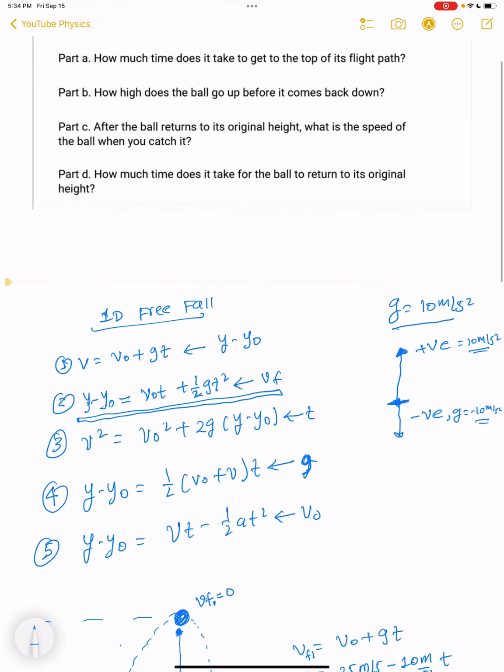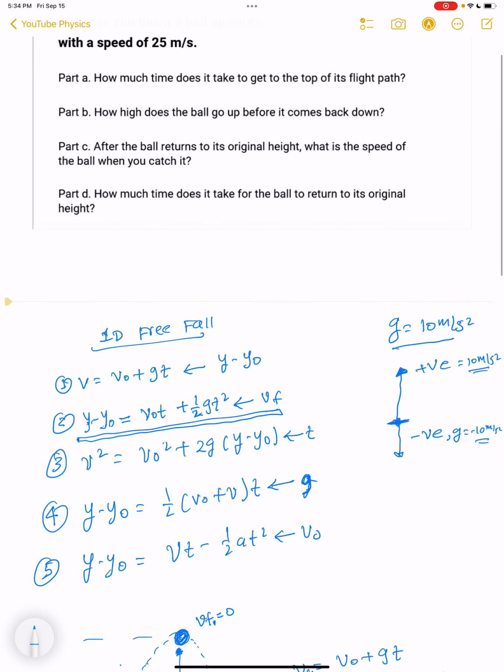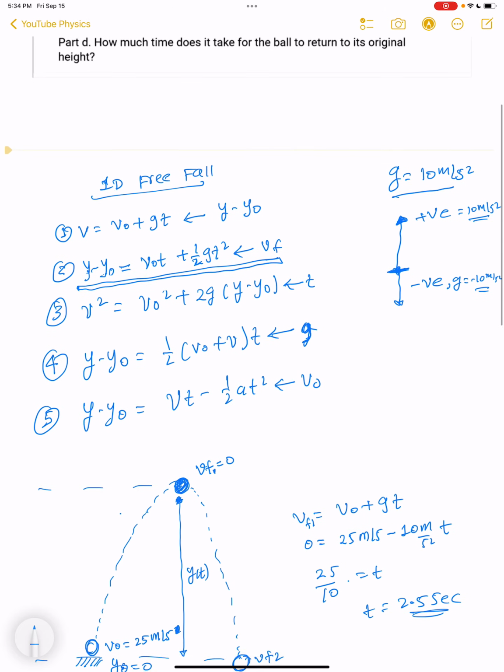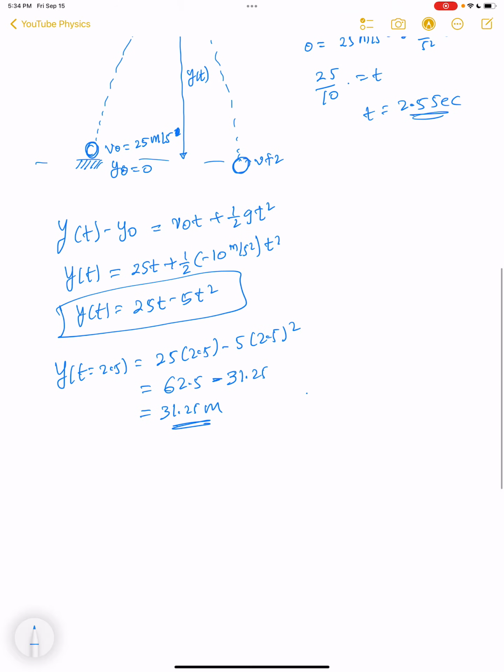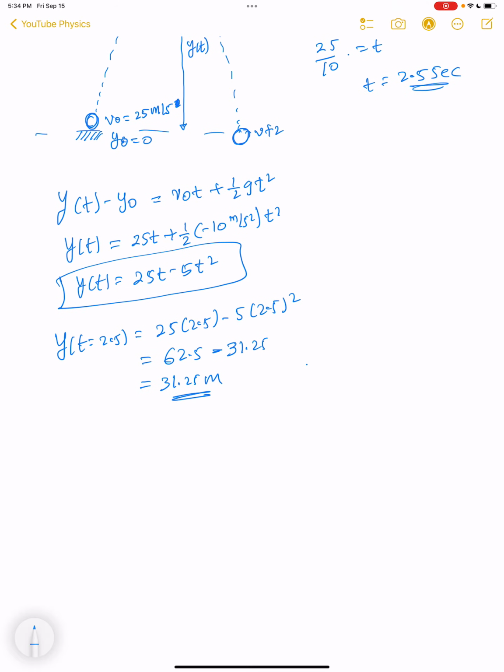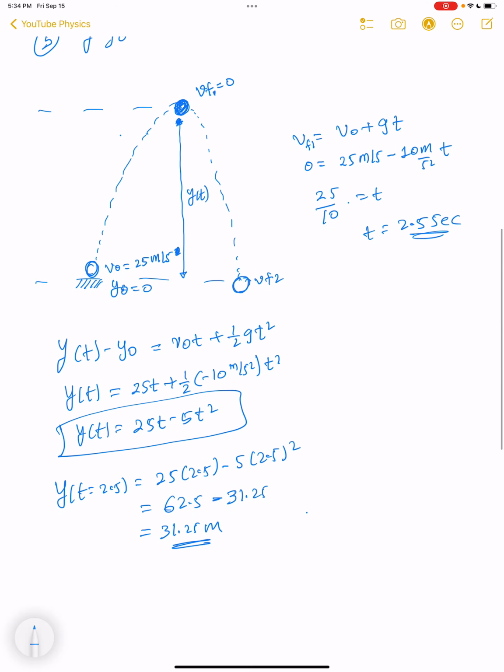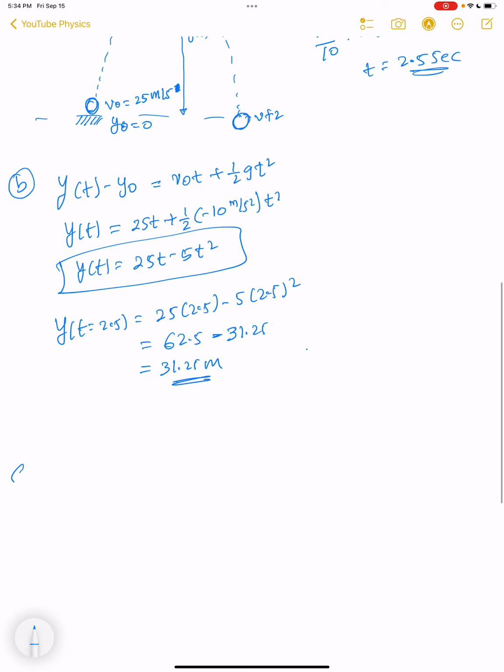The third one is, after the ball returns to its original height, what's the speed of the ball when you catch it? This is asking for the final velocity. Sorry, let me write down, this is for A, this is for B, and this is C. As I said before, we can take the derivative of the position as a function of time to find the velocity equation.